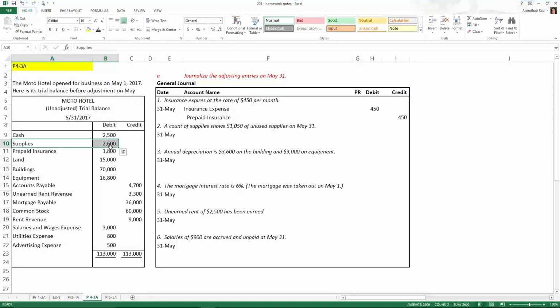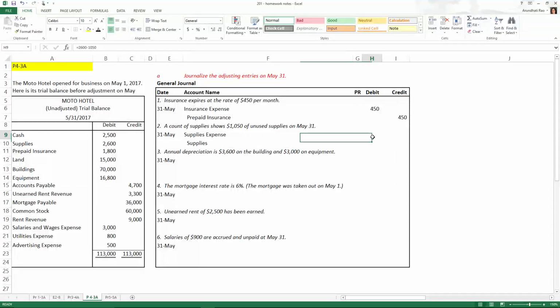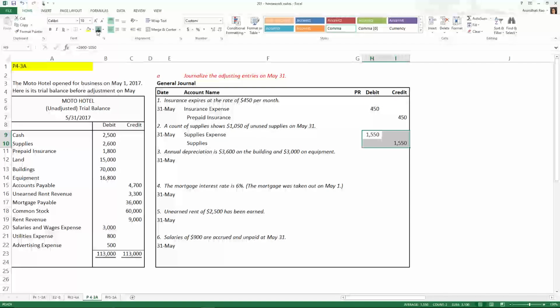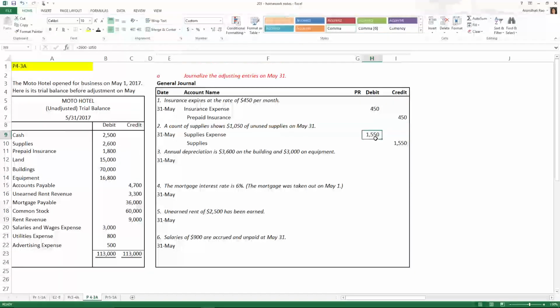The difference is what was used. Again, what's used becomes an expense. So we'll debit supplies expense. And what is used is no longer with us, so I have to credit the asset in order to decrease it. And we're going to do this for the difference. That is 2,600 minus 1,050. So 1,550 is the amount that was used, and that becomes the expense.